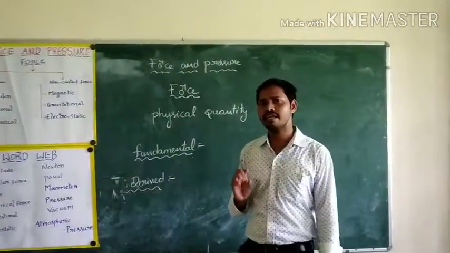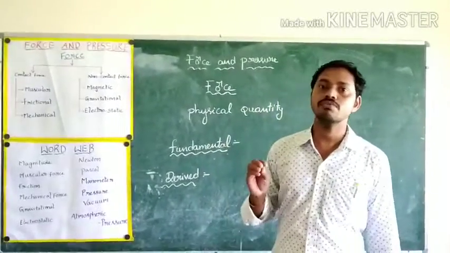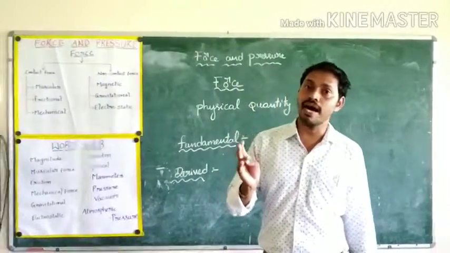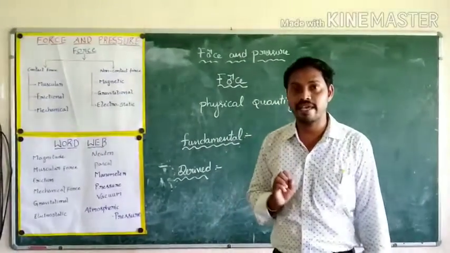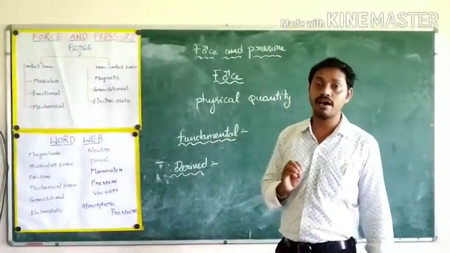What are fundamental quantities? Mainly, we are saying that we have three fundamental quantities. Those are nothing but length, mass, time. But actually, we have seven fundamental quantities.